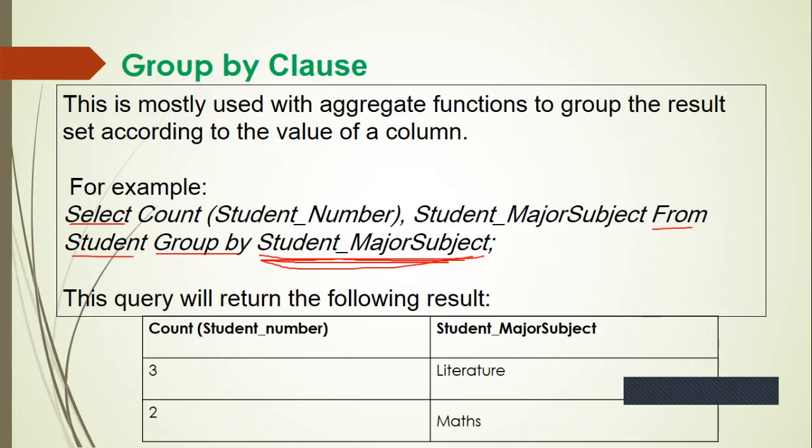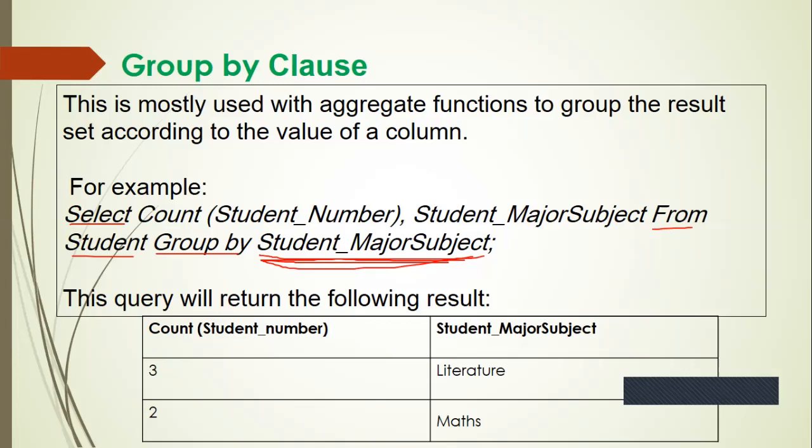And one more thing is, in group by, whenever you use group by on that particular column, that column name only should be displayed in output. That's why we use aggregate functions.